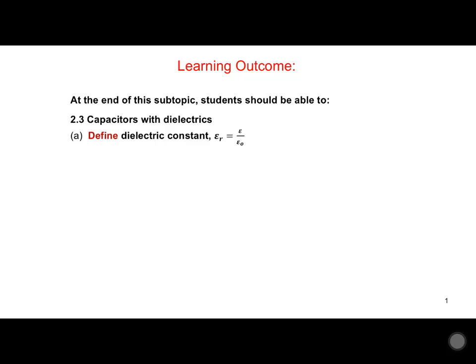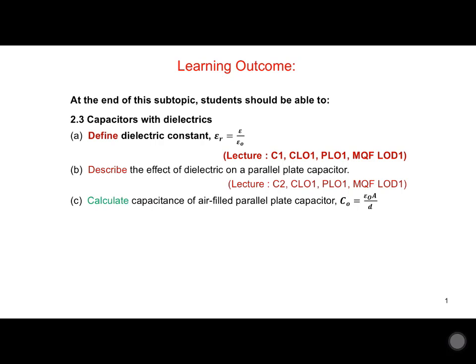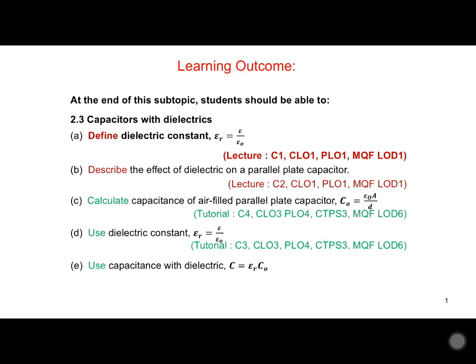In this subtopic we are going to define the dielectric constant epsilon r equals epsilon over epsilon naught, describe the effect of dielectric on a parallel plate capacitor, and use the equation you learned in this video to calculate the capacitance of an air-filled parallel plate capacitor, which is C naught equals epsilon naught A over D, during your tutorial session, and also use the dielectric constant and the capacitance with dielectric equation.